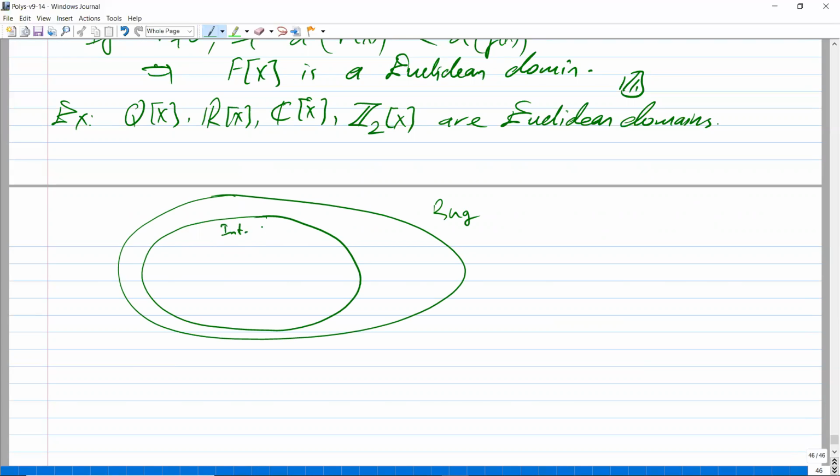Suppose this is the set of integral domains, and inside some integral domains we have some PIDs. Now we will show that Euclidean domains are inside PIDs.